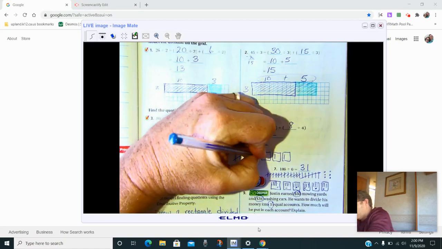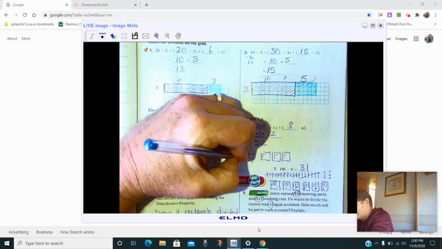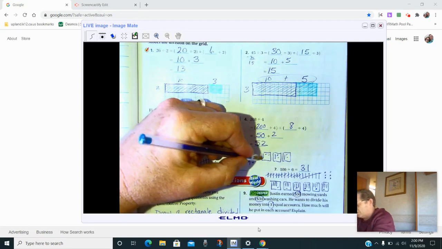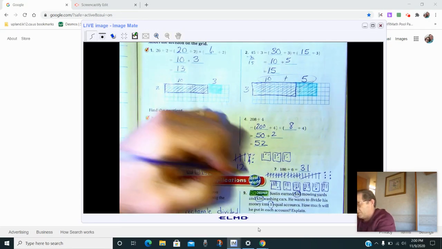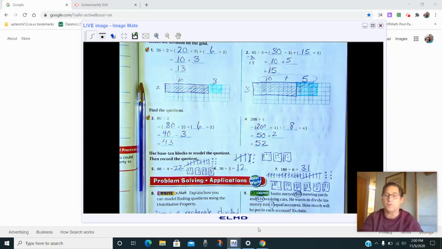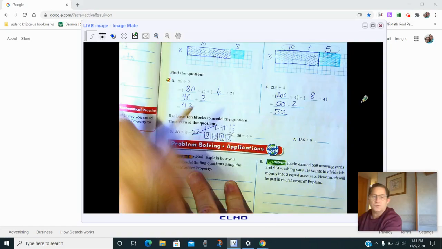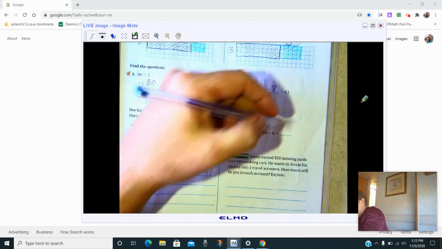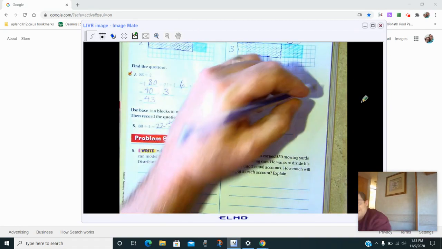And now we can put 1 one in each group, and I have 3 left, so 1 more in each group. All right, number 7, 186 divided by 6. That's 18 tens. That's a lot of tens.